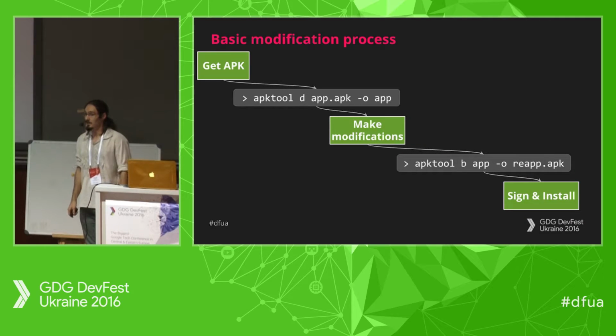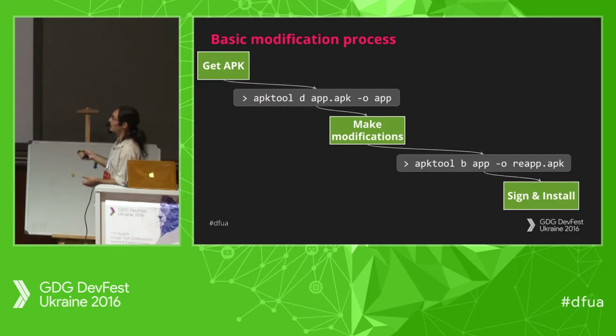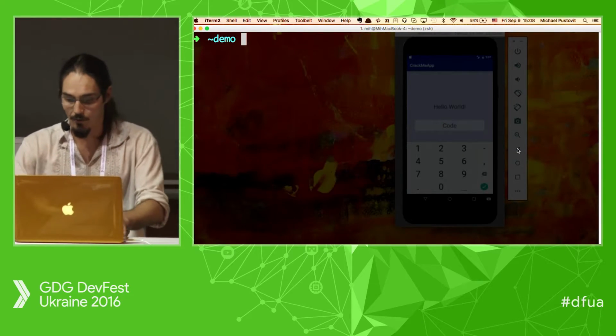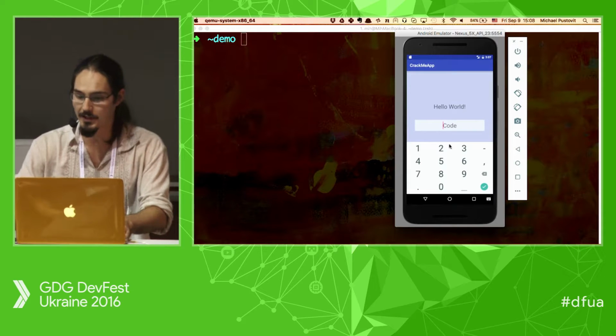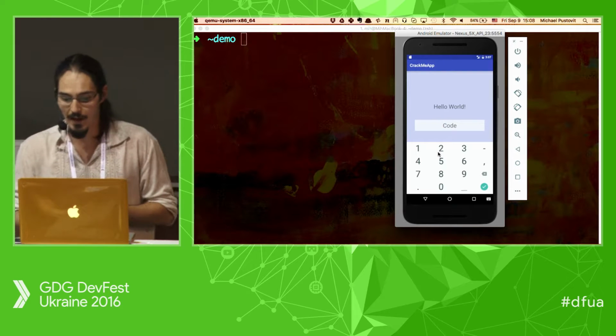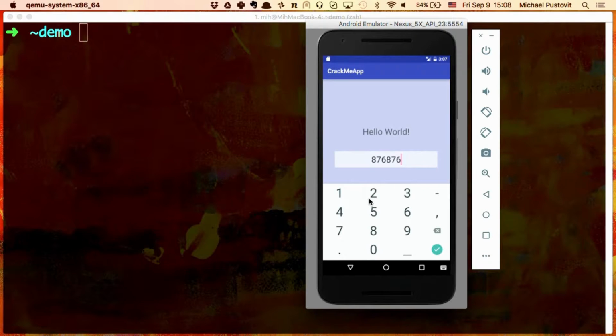So we are one step from our demo, and this is our plan. We will get the APK from a device or emulator and unpack it with APK tool, make some modification, pack it again, sign, and install. So, demo time. For this demo, I prepared a really simple application with a single edit text, and if we enter some super duper secret password into it, it will show us some secret.